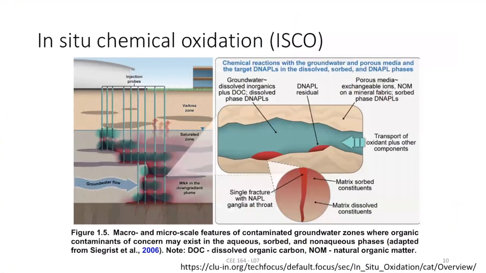So in situ chemical oxidation, let's cover this one quickly because we already know the concept theory. We are just going to learn about the practice. As you see over here, you are just adding oxidant. You already know from water treatment that you add permanganate or hydrogen peroxide or bleach in water and then you can clean it. In this case, you are injecting them into the ground.